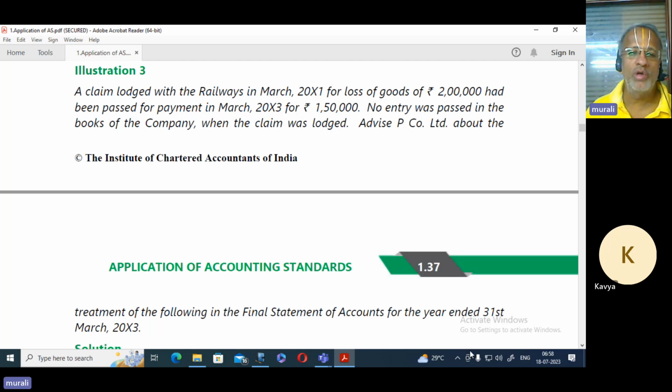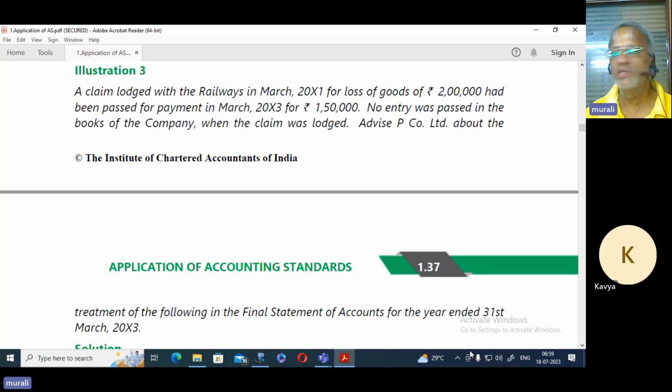A claim was lodged with the railways in March 20X1 for loss of goods to the extent of 200,000, and it was passed for payment only in March 20X3 for 150,000. No entry was passed in the books when the claim was lodged. So they are asking what the treatment is in the final accounts for the year ending 31st March 20X3.